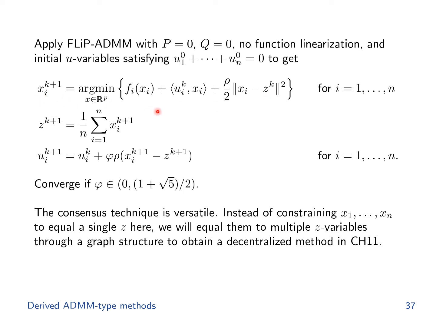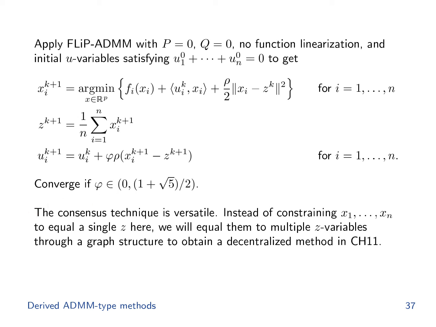After all these copies of x are updated, then you update z^k, which is their average. And finally you update the dual variable u_i, one for each x_i. This method converges if rho is between 0 and the golden ratio.